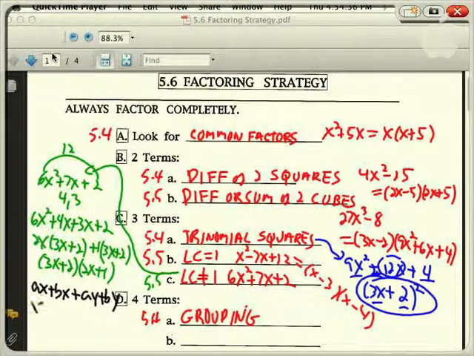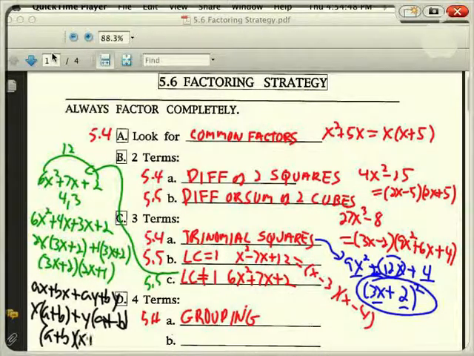If you take an x out of the first two, and then take a y out of the last two, and then take a plus b out, you get x plus y.